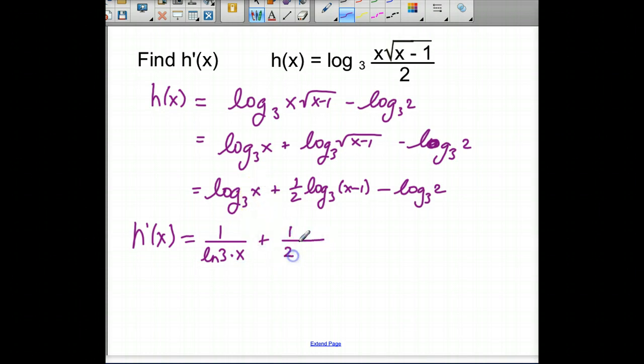Plus 1 over 2 times 1 over natural log of a times u and then times the derivative of u, which is just 1. And then here, the derivative of a constant is just 0. So we have 1 over x times the natural log of 3 plus 1 over 2 times the natural log of 3 times x minus 1. That's your final answer.